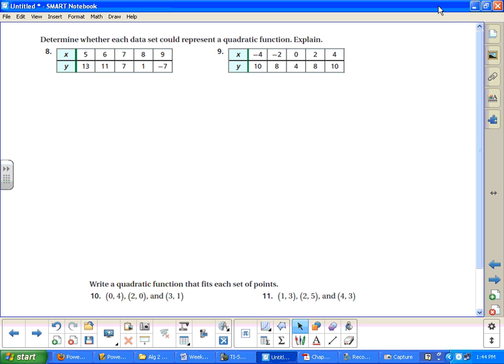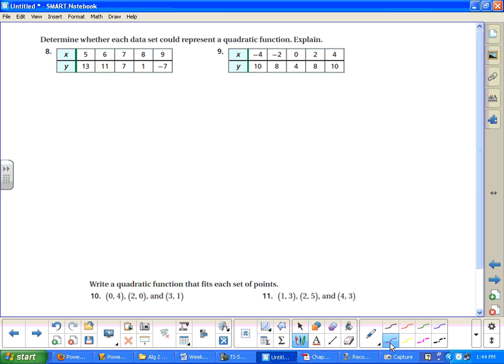Now if I look at both 8 and 9 here, for 8, all these numbers keep going down, don't they? So that could, or probably not, or maybe not, be a quadratic. Now look at number 9 though. Look at those numbers. They come down to 4 and then they go back up, don't they? Well, usually when things come down and go back up, that's a form of a quadratic, right? Because it's going to give you the nice U shape then, right? So let's check both of them.